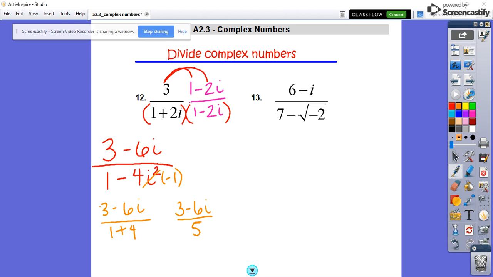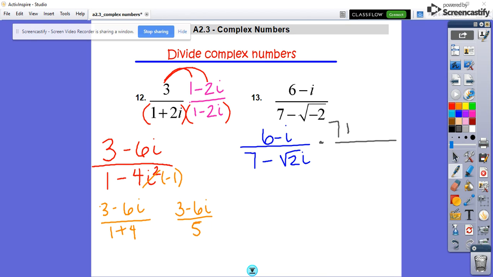All right, so let me jump start you on 13, and then I want you to try it. Okay, we're going to fix the bottom. 6 minus i on the top, 7 minus root 2i. Okay. So you need to be multiplying by the conjugate of the bottom.